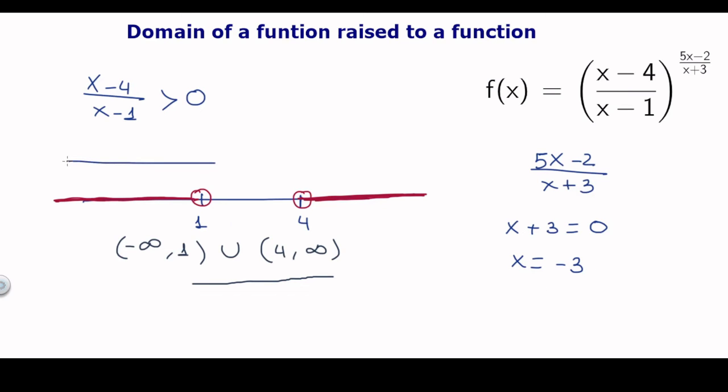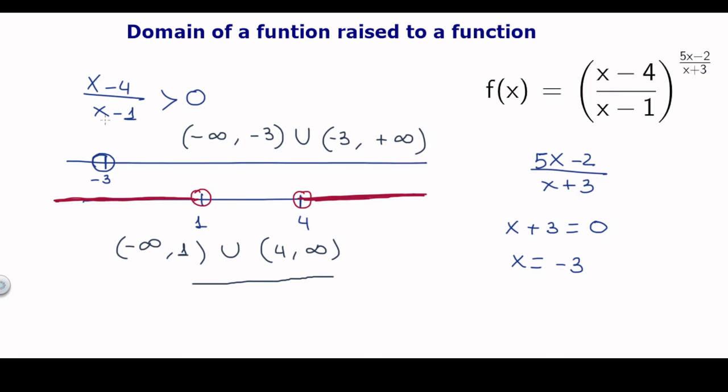Plotting it on the number line, minus 3 will be here, and of course, it's a hollow point. So the domain for the exponent goes from negative infinity to minus 3, open, union, minus 3, open again, to positive infinity.